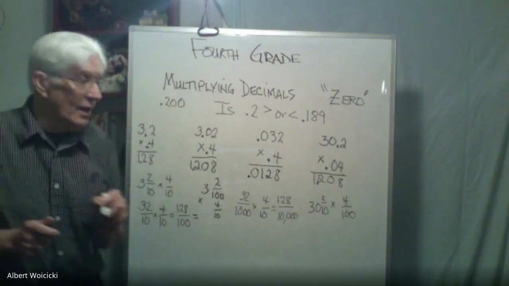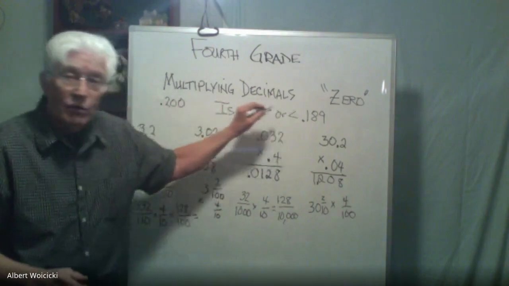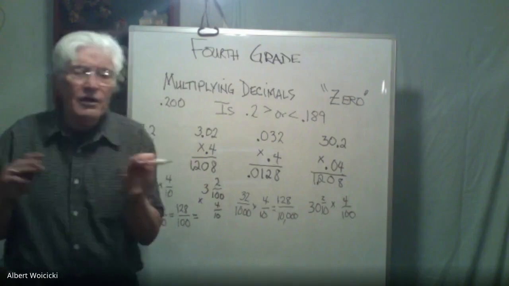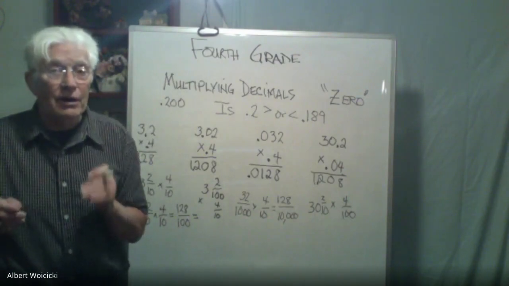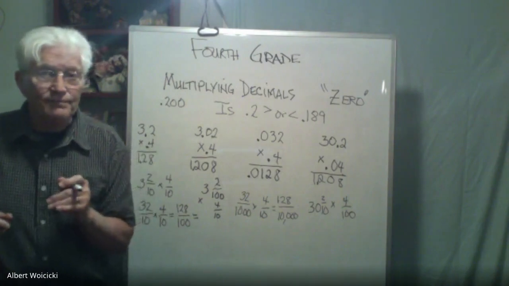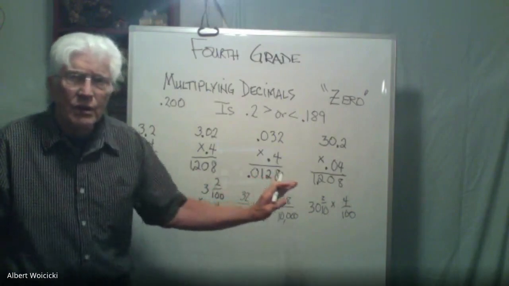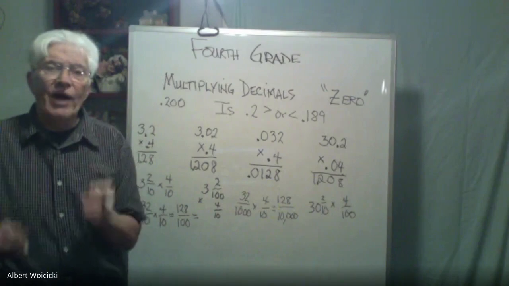So remind them about the 0, how important that 0 is. Remind them, even if it's not there, you don't see it, it's still there. Don't let them forget that. And when you're doing this, remember to have them read the numbers correctly.